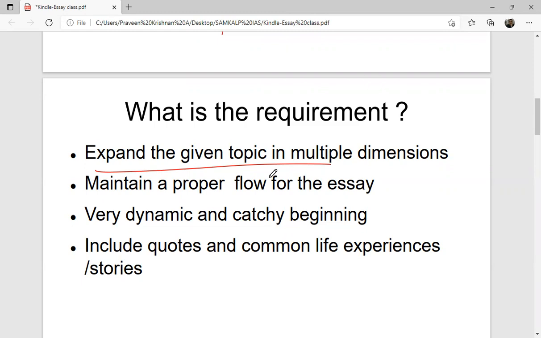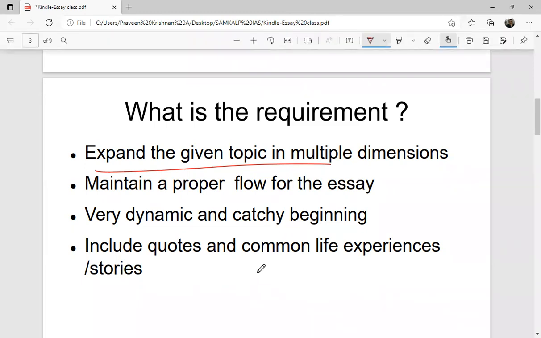That's the main part. Secondly, in a GS paper, what you usually do is you split the question into multiple parts and address each part separately. Let's say, for example, if in a GS3 paper they ask about Naxalism or the government policies on Naxalism, what you basically do is write about the red corridor areas or Naxal affected areas.